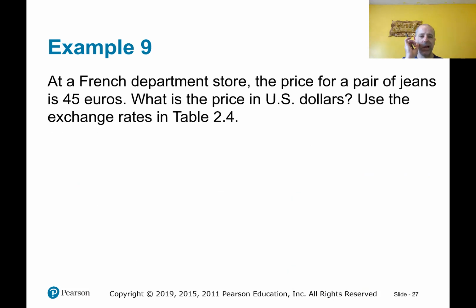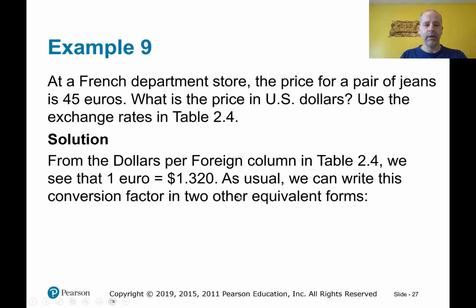All right, so now here's another example. It says, at a French department store, the price of a pair of jeans is 45 euros. What is the price in US dollars? We're going to use the exchange rates on table 2.4 in the textbook. So again, we're just going to use those conversion factors. On the table, it says 1 euro is $1.32.